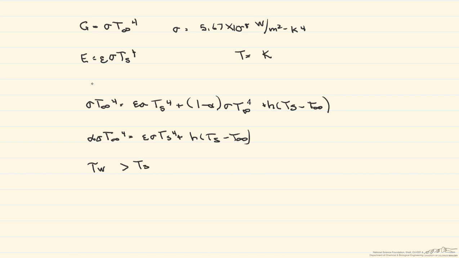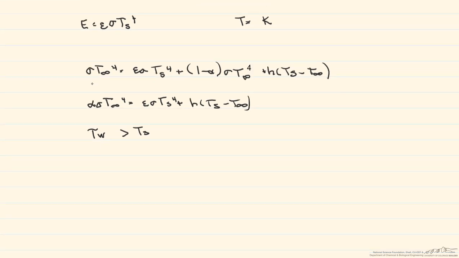Therefore, you need to include the irradiation from there as well. Again, because we consider it to be a small object in the large enclosure, the irradiation from the walls, G_W, is equal to sigma T of the wall to the fourth. So this is treated similarly as the irradiation from the surrounding fluid, except with a different temperature.